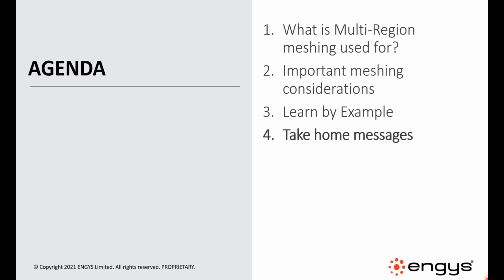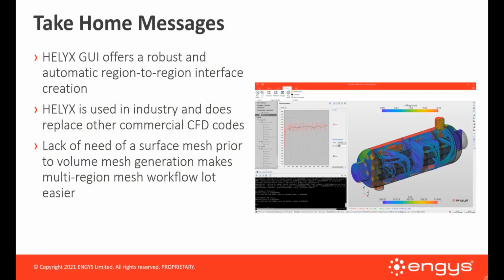So a few take-home messages before finishing. HELYX graphical user interface offers a robust multi-region meshing approach with an automated zoning process with automatic creation of the interfaces between regions. HELYX is vastly used in the industry for cases which require multiple region meshes like CHT cases, and HELYX has replaced other CFD commercial software in the market for several companies.